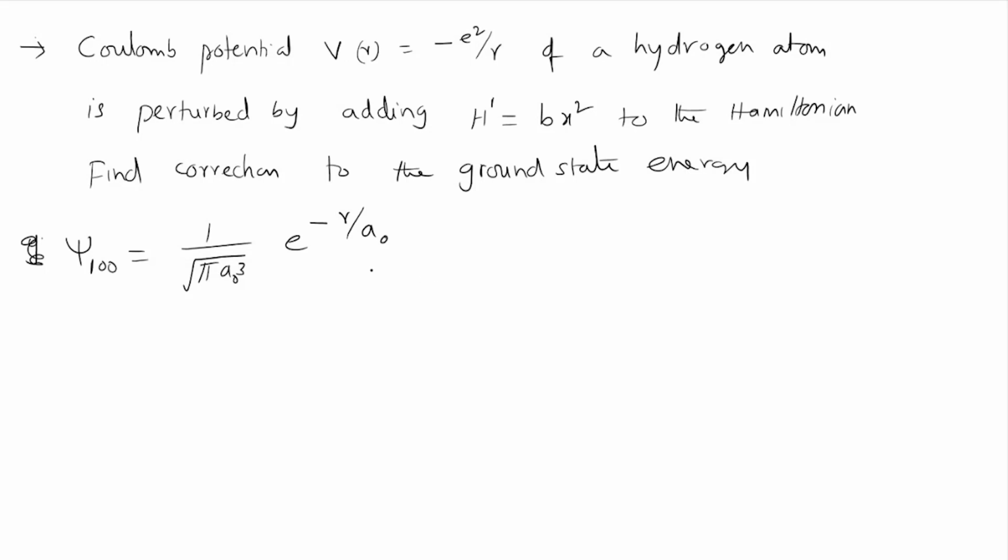And you can see, because the hydrogen atom is spherically symmetric, everything is in radial coordinates. And your perturbation is given as x square. So let's write this as B x square, B r square sine square theta cos square phi.